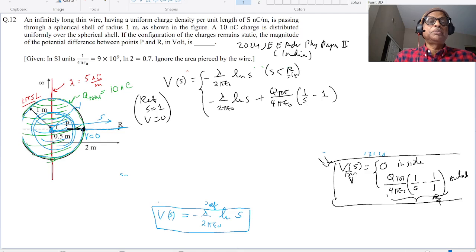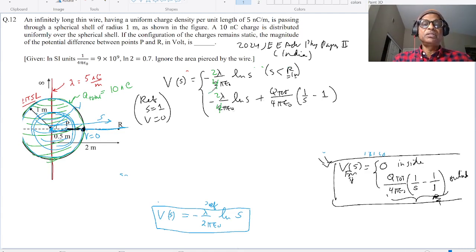All right, so we need to use these numbers, and we can make it 4 pi epsilon naught, 4 pi epsilon naught. So it says, what's the potential difference between these two points?